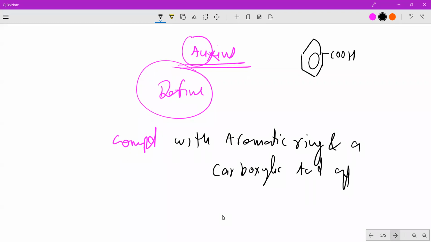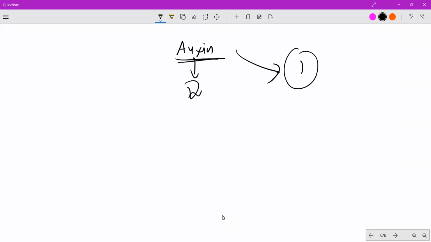Now when we talk about auxins, it's not that there's only a single compound which is called auxin. It's not so. In auxins itself, there's a lot of diversity.